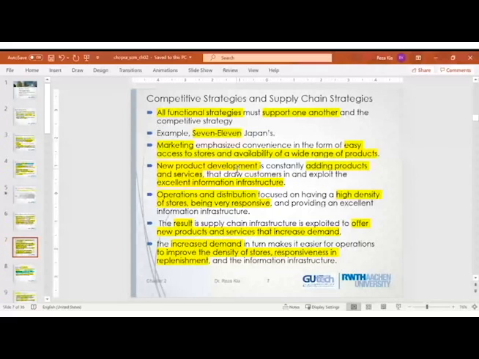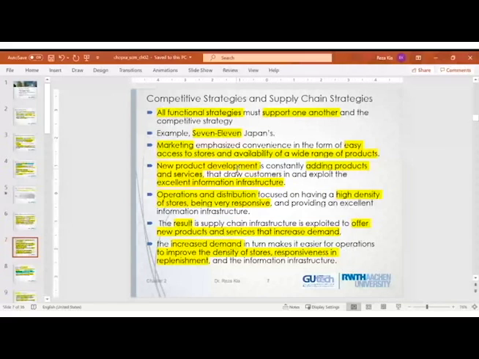And for sure, for adding a new product into your retail stores, you need to have an excellent information system and infrastructure. So marketing is saying that we are providing a high level of availability for a variety of products, and in another strategy, they are always adding new products in our retail system.